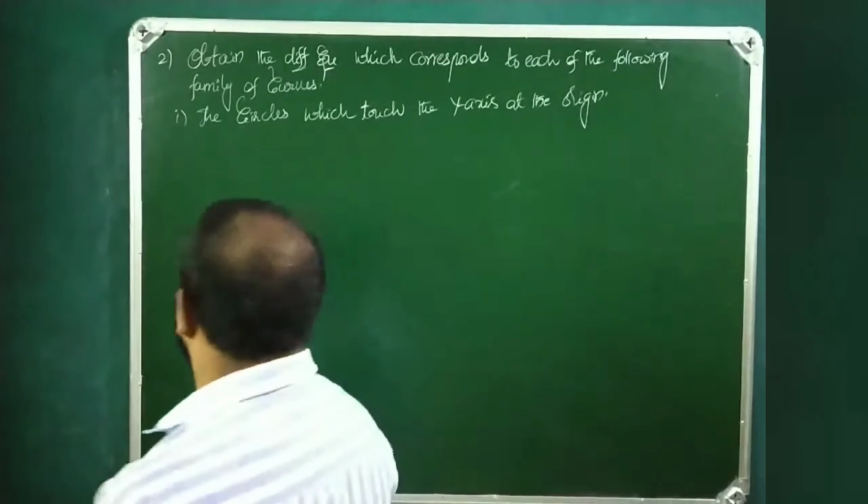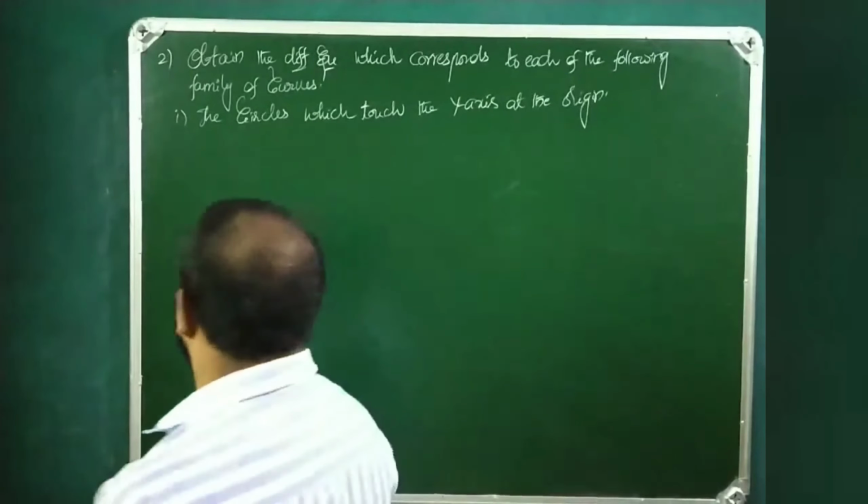Therefore, the equation of all circles which touch the y-axis at the origin: the equation of a circle in its central form, having center h comma k and radius r, is x minus plus or minus g whole square plus y minus 0 whole square equals r square, so g square.